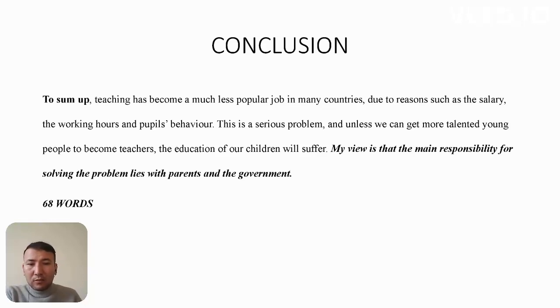And another responsibility for government: hire more teacher assistants and increase their salary. That's why here we have: my view is that the main responsibility for solving the problem lies with parents and the government.